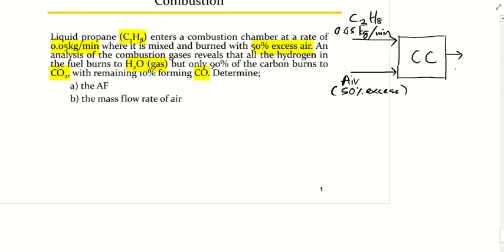Okay, the product of this combustion is, so you're gonna have carbon dioxide, H2O, and N2, and this one is actually carbon monoxide.